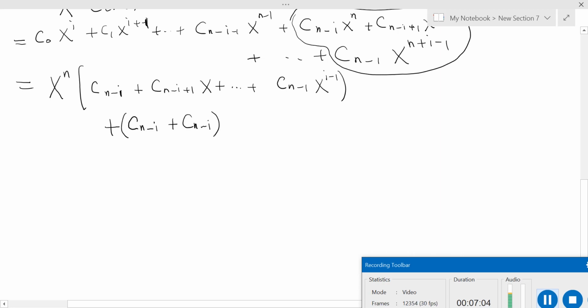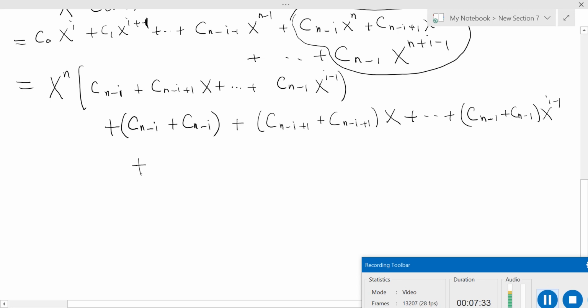I can do this. Similarly, I will write here C of n minus I plus 1 plus C of n minus I plus 1 times x. Anyway, this is 0, so it is as if I am writing 0. Plus Cn minus 1 plus Cn minus 1 times x to the power I minus 1.